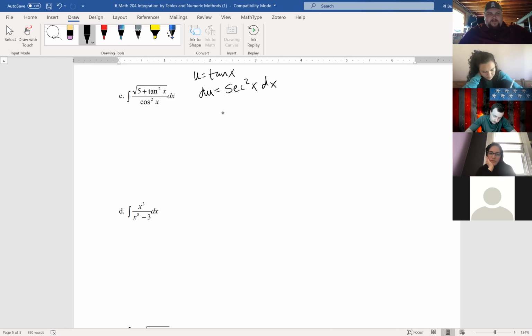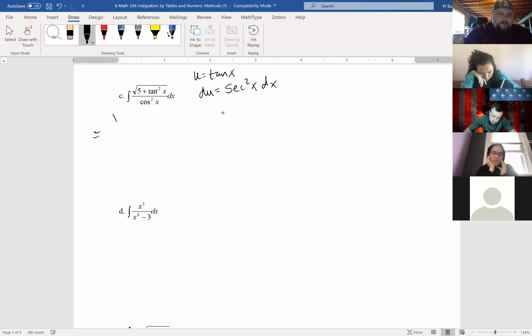Do we have secant squared in there? I don't necessarily see a secant squared written there, but 1 over cosine squared is equal to secant squared, right?